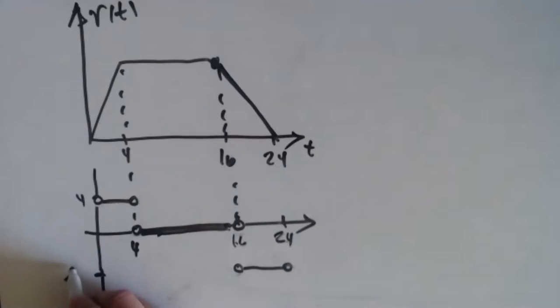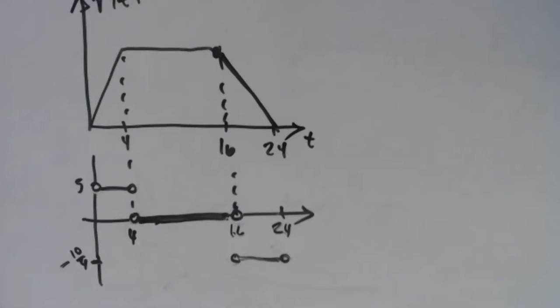It's 2.5, no? 20, 10, 10 over 4, correct? So it's negative 10 over 4, right? It's negative 2.5. So it's this one. But the one at the top, it should be 5. Ah, it's 5. Let's put a 5 here. Okay, very good. So that's a 5. Okay, this is the behavior of the acceleration.